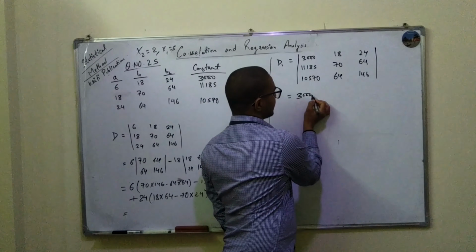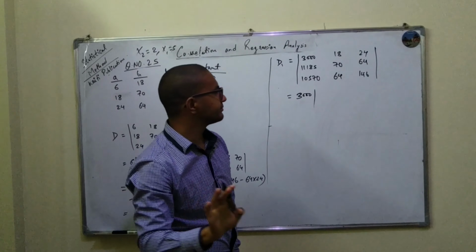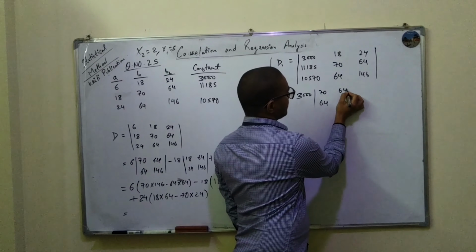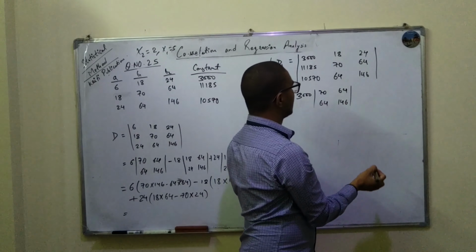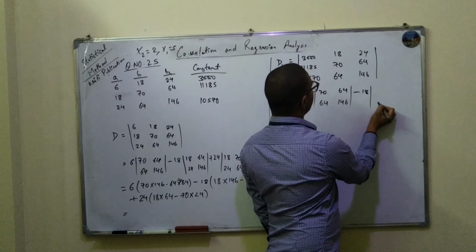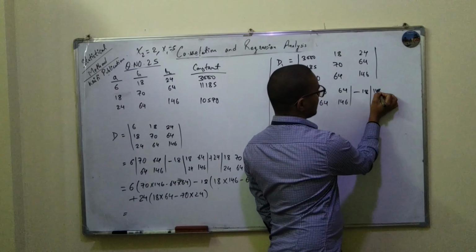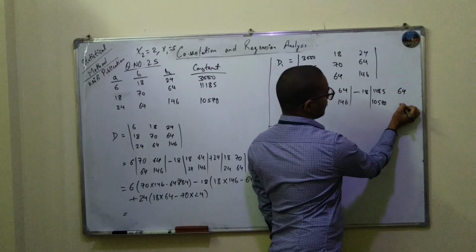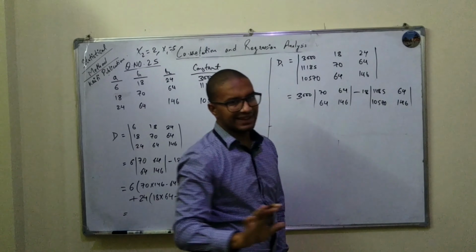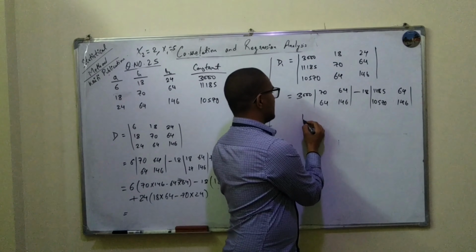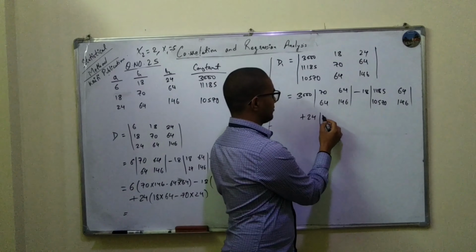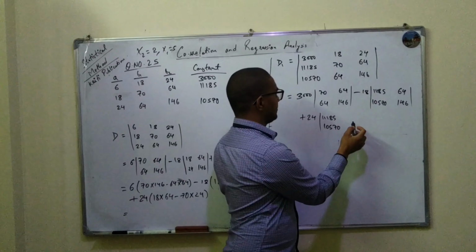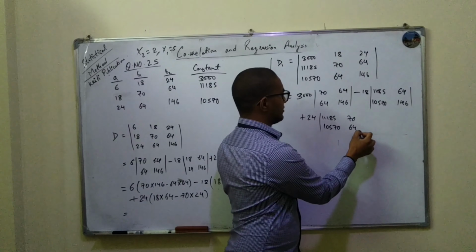First is 3000, and it's done with the row method. 70, 64, 64, 146, minus 18, 146, and then plus 24, 11,185, 10,570, 70, 64.